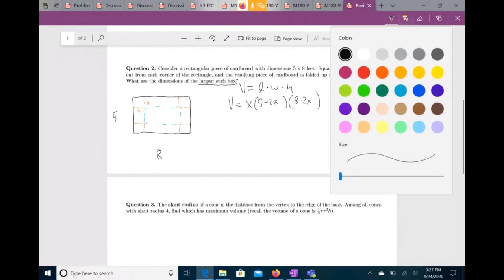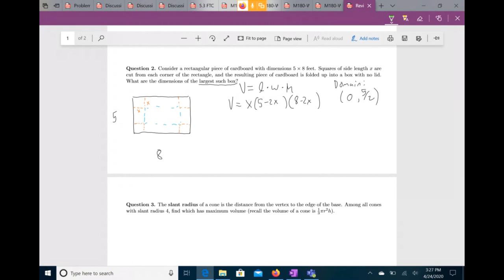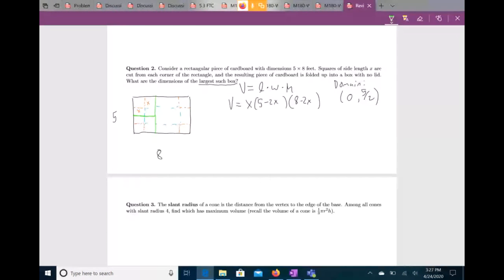If x was 2.5, I would be cutting out this square and this square, and there'd be no box. There's nothing to fold up on that side.